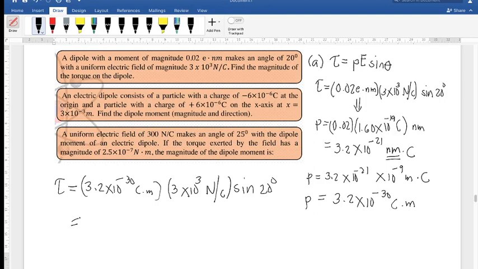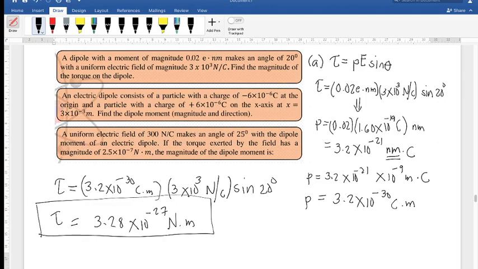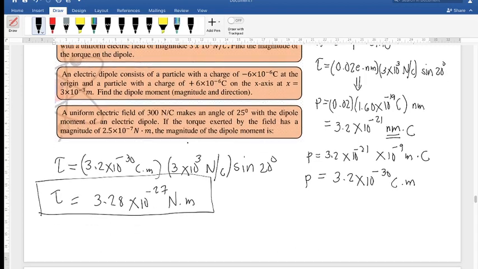So we just multiply this with 3 times 10 to the 3 and times sine of 20. That is equal to 3.28 times 10 to the negative 27 Newton times meter. So the magnitude of torque is in units of Newton times meter. Okay, so that's the magnitude of torque.